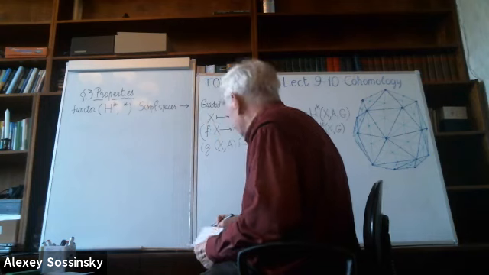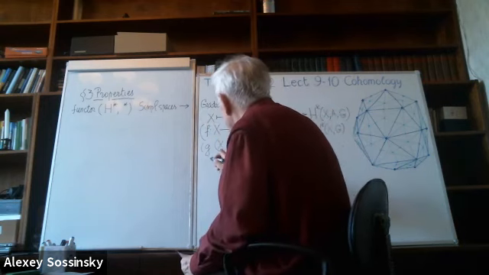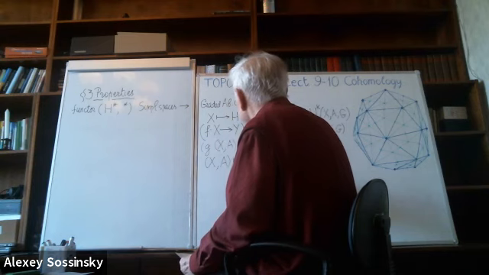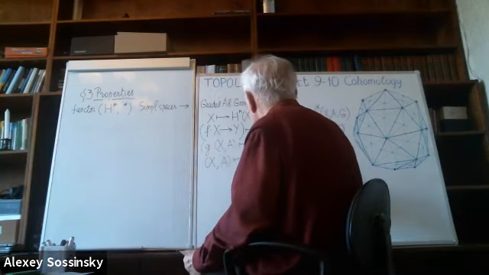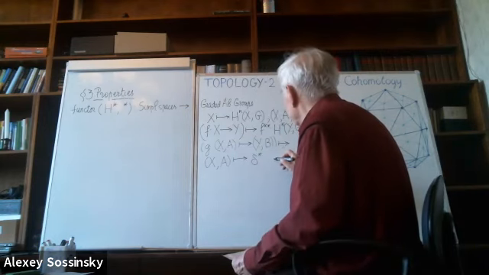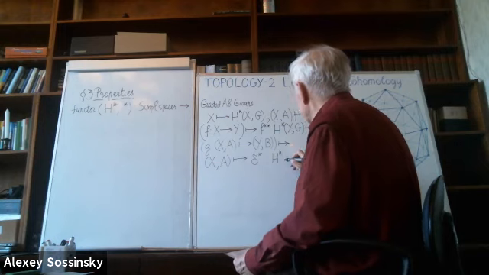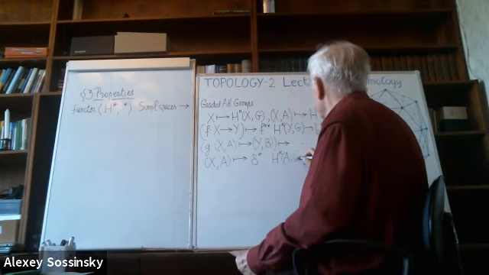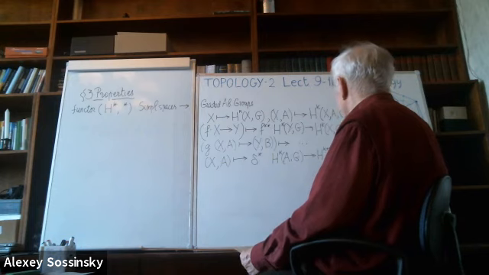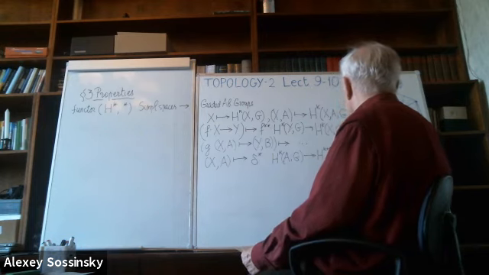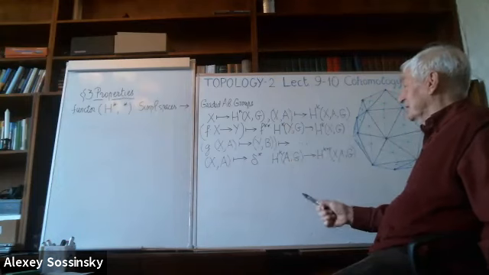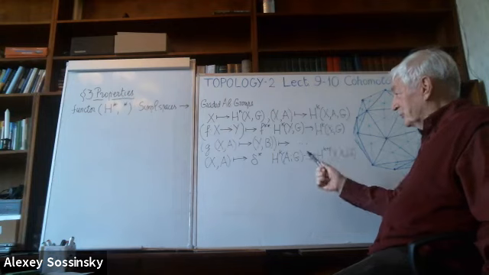And finally, the last thing that I want to mention is that to every pair X A, it assigns an operator, a homomorphism, of H K A with coefficients in G to H K plus 1 of X A G. I did not explain how you get this, but it is perfectly straightforward and simple.